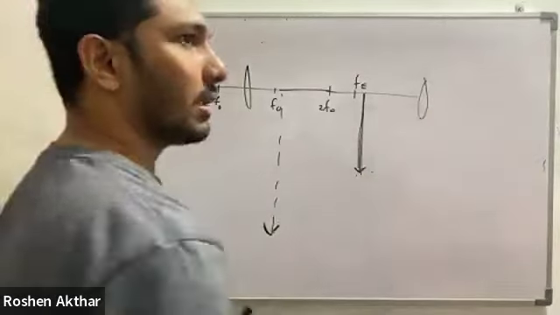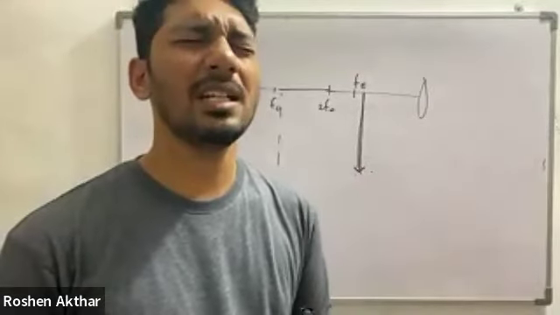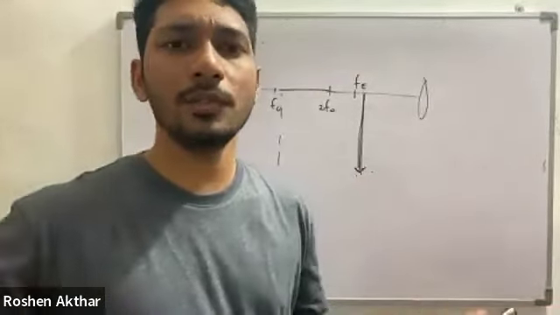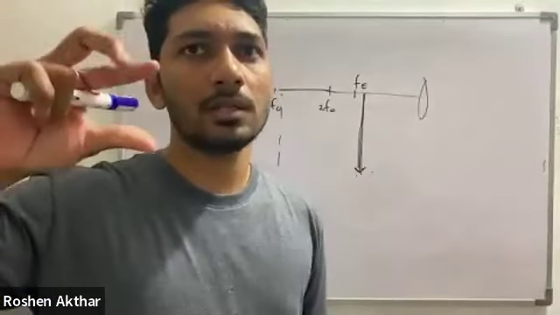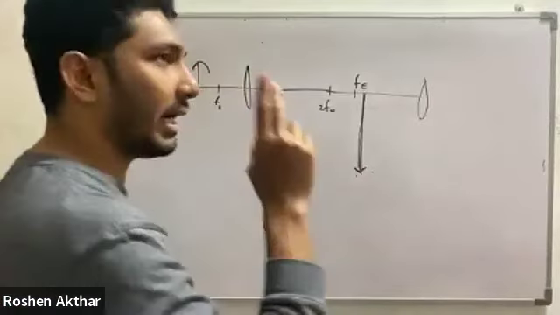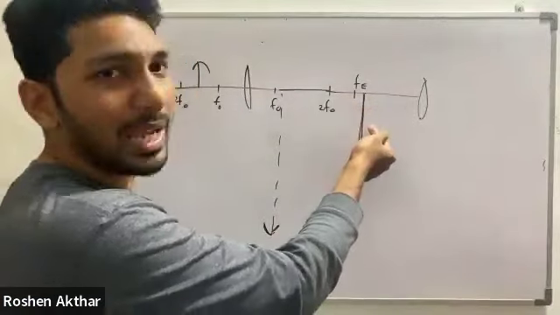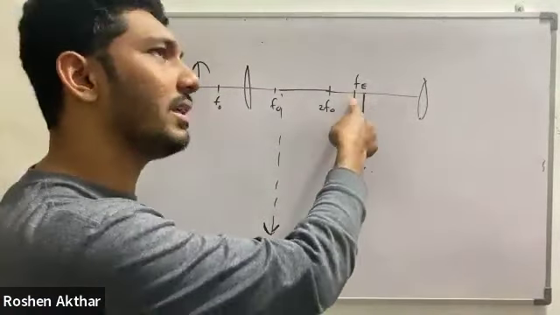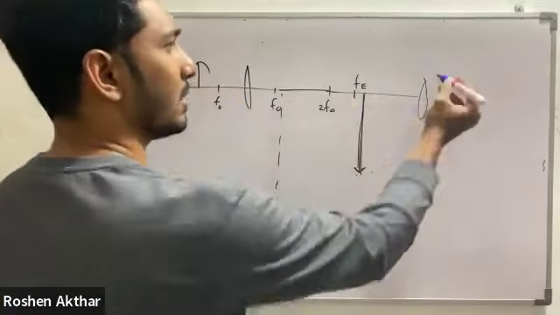But when you are creating the image at infinity, you need the image at infinity when you have to observe the image for so long, because when it is at infinity, your eye muscles are relaxed. So at that instance, you have to make this first image fall on the focal point of the eyepiece itself. So you have to move the lens towards this side.